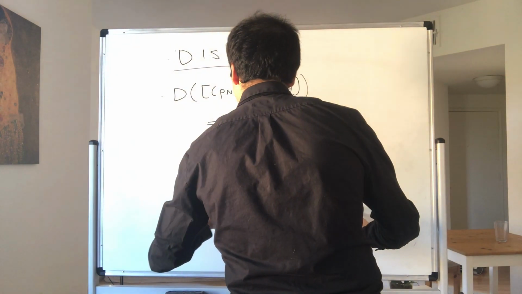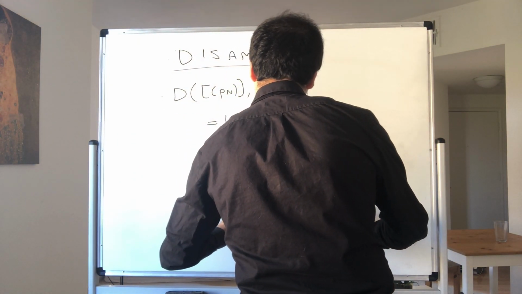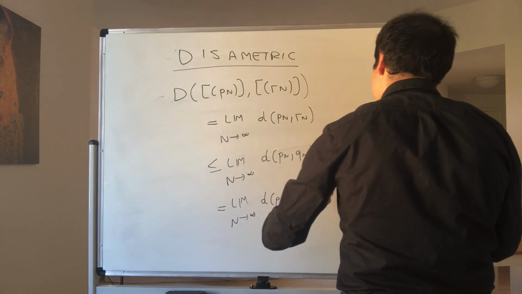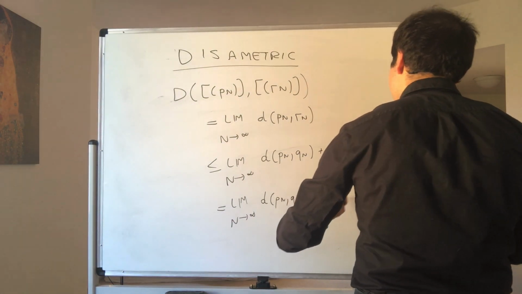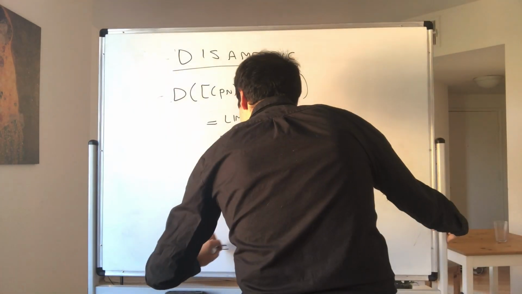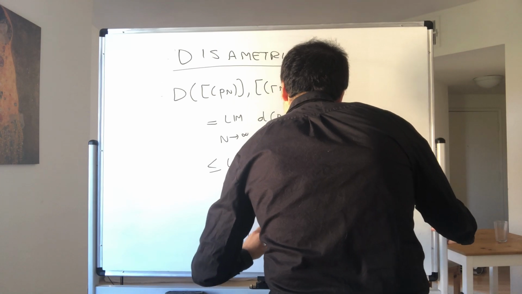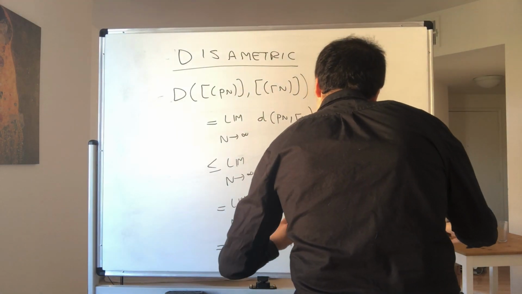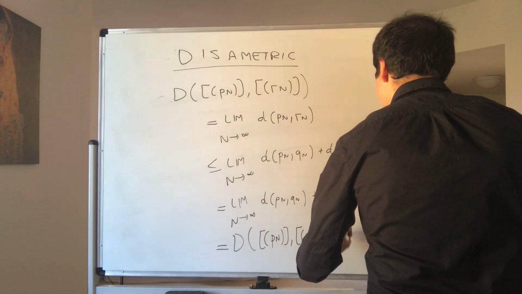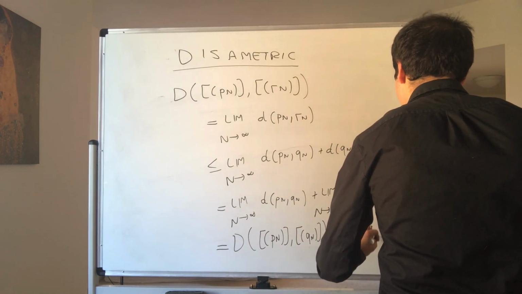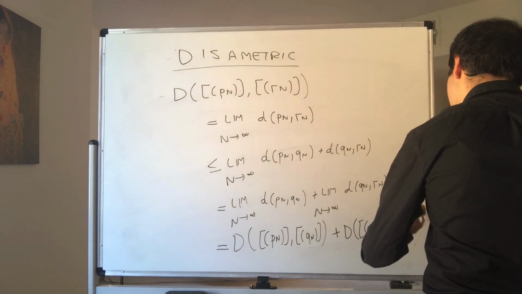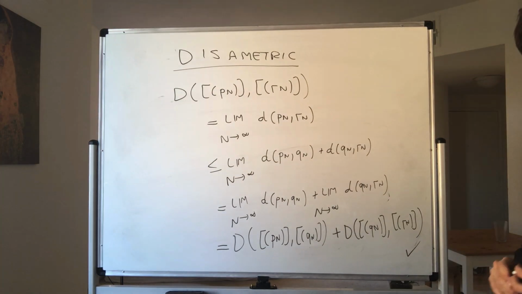But that's equal to the limit as n goes to infinity of d Pn Qn plus the limit as n goes to infinity of d Qn Rn, and that is D of the class Pn, Qn. So the difference between the equivalence classes plus the difference between those two equivalence classes. That's what we want to show.